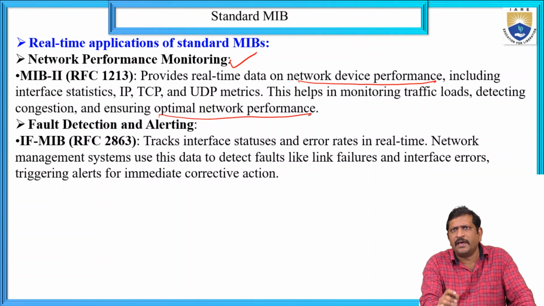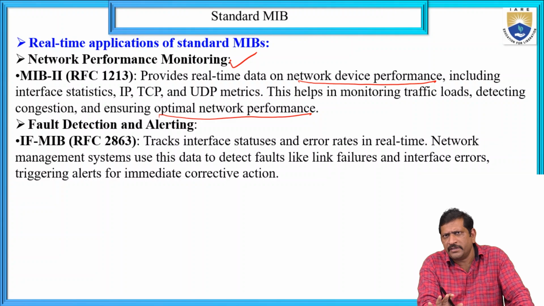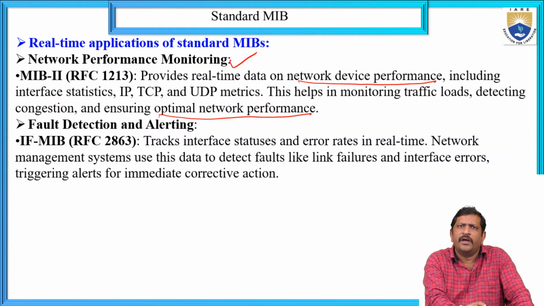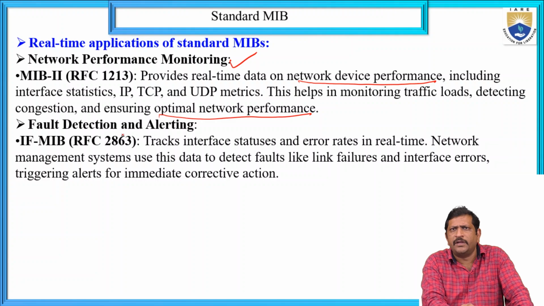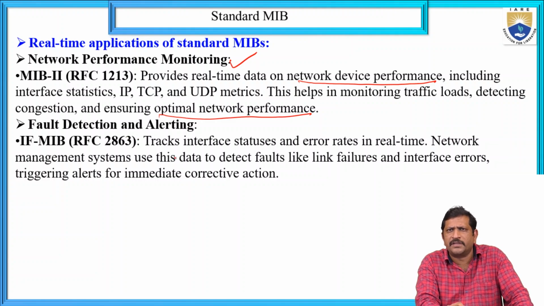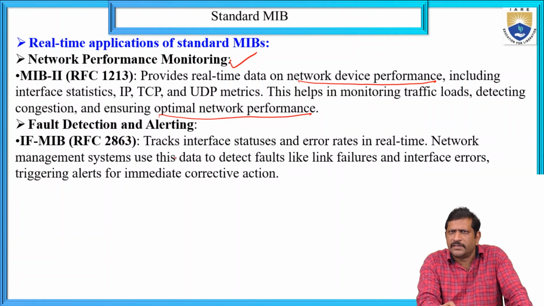How is optimal network performance ensured? That means taking minimum time for data transfer. Also, the IF-MIB, RFC 2863, tracks the interfaces' status and error rates in real time.